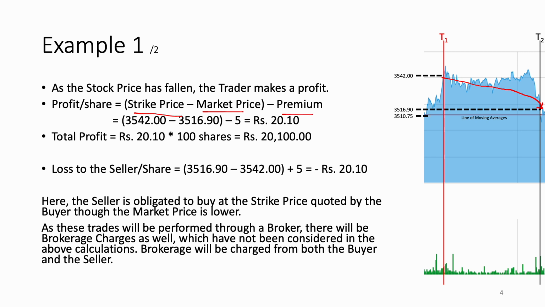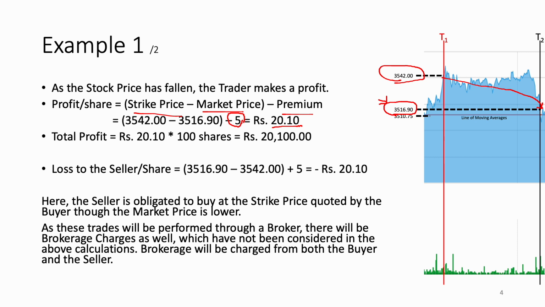So in this case, it will be 35.42 minus 35.16.9, where this is the strike price he had entered, and this is the market price, which is the current price at this point of time. And he has paid a premium of 5 rupees. So he makes a net profit of 20 rupees 10 paise per share. Since he had bought 100 shares, he makes a total profit of rupees 20,100 on this particular trade.